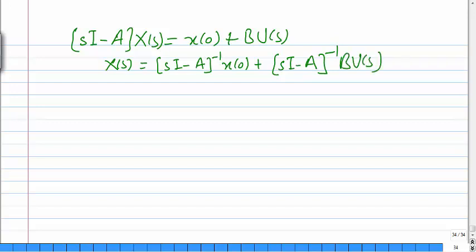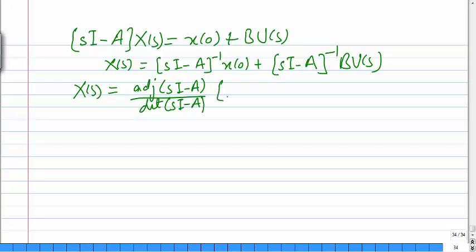Now if I want to calculate X(s), it is equal to adjoint of (sI minus A) over determinant of (sI minus A), times X(0) plus BU(s).